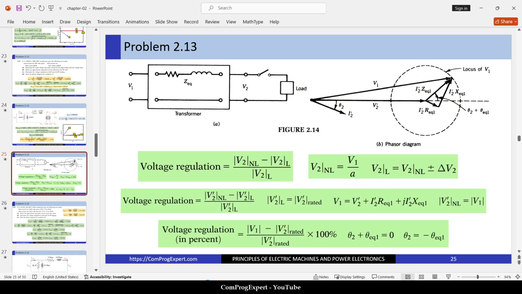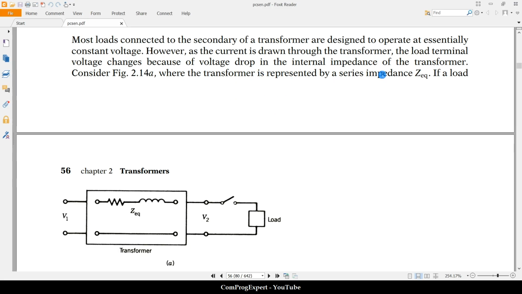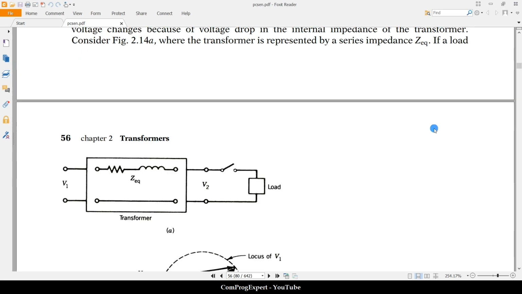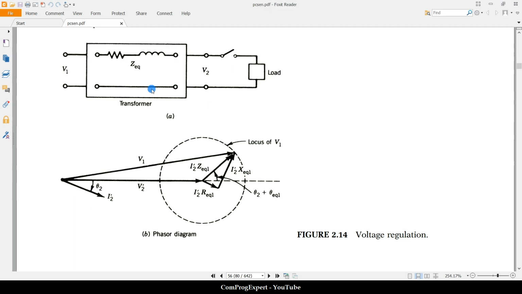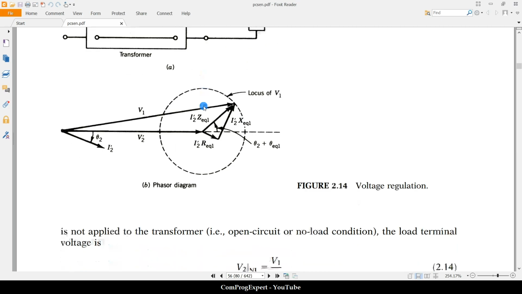So this voltage drop is because of the series impedance. Yes, here is the equivalent circuit of the transformer. And when we connect the load to the secondary side, we have a change in the value of the voltage.